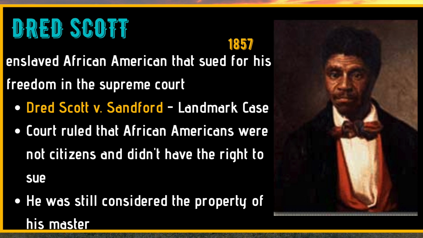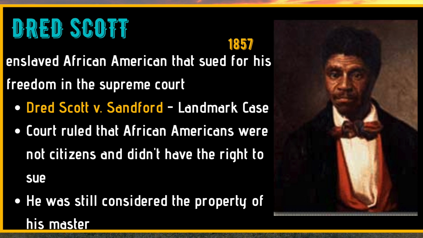The Supreme Court ruled on March 6, 1857, that even though he lived in a free state, that did not entitle him to his freedom. In essence, the decision argued that as a slave, Dred Scott was not a citizen. African Americans that were enslaved were not considered citizens at this time.